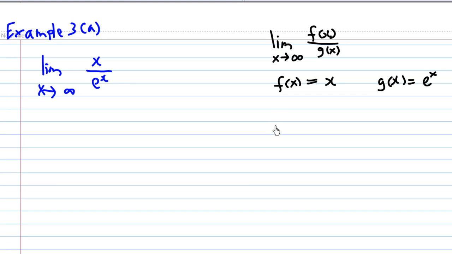The limit as x goes to infinity of f of x is infinity, and the limit of g of x, which is e to the power infinity, is also infinity.